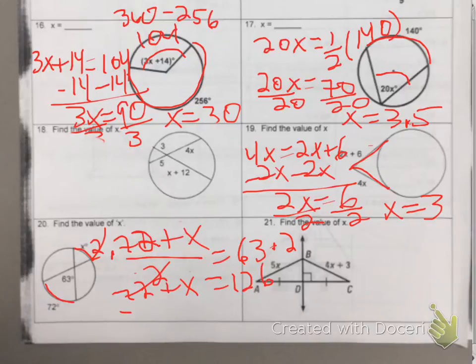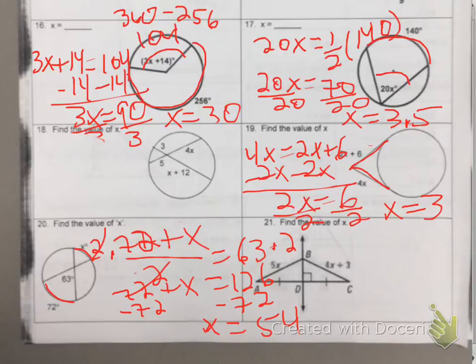Okay, I'm going to subtract 72 from both sides, and that's going to give me x equals 54. Okay, so that's your final answer. x equals 54 for that.